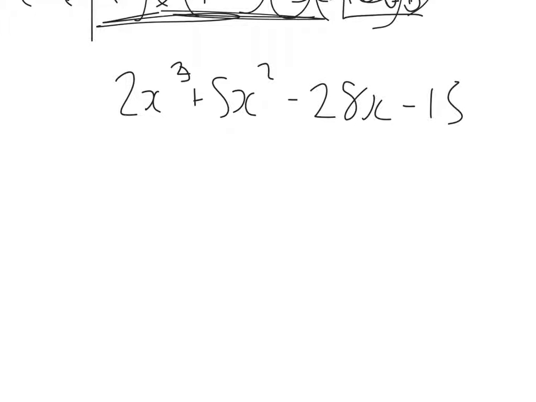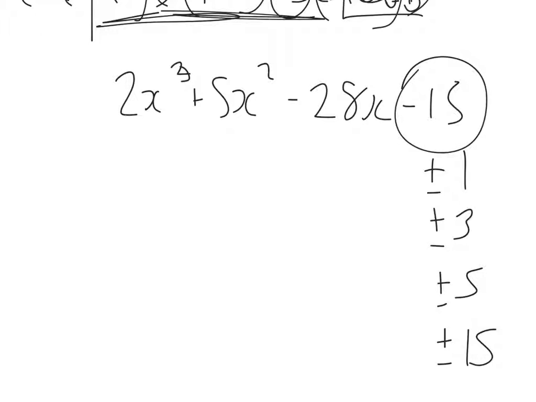Now we're not given a prompt for a factor here, so the factors can be plus or minus 1, plus or minus 3, plus or minus 5, or plus or minus 15, since these are all factors of the constant at the end being minus 15. So this can often be some trial and error. So you can expect to try a couple of examples and for them not to work.